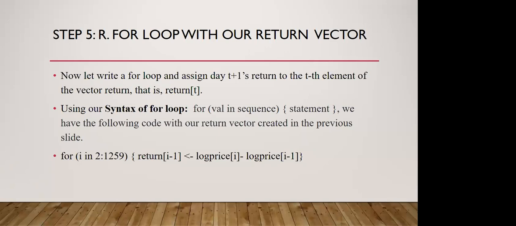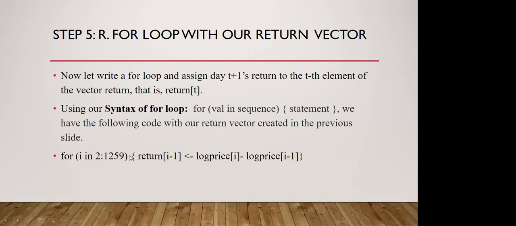That's the vector we're using. Using our syntax of the for loop, if you remember in the previous slide, I gave you the syntax: for value in sequence, and then the statement. Using that, we have the following code with our return vector created in the previous slide.